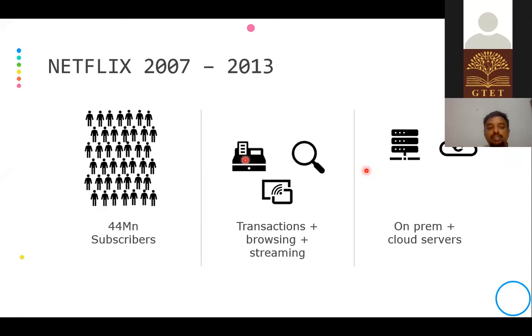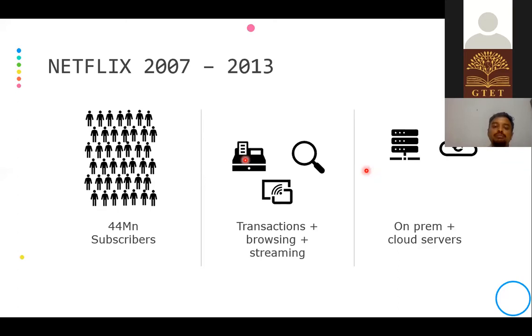Let's discuss the increase in load because of streaming. Earlier, all you had to have was information about the DVDs that you want to sell. Now, from 2007 to 2013, what Netflix was actually doing was storing these videos on their own data centers and streaming them, making them available to end users whenever they wanted.